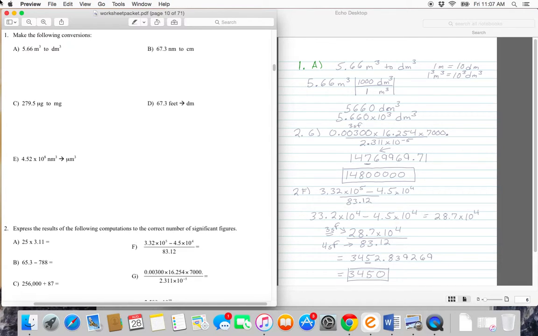So they want the following conversion to be made: 5.66 meters cubed to decimeters cubed. Remember, this is a derived unit. Meters cubed is a volume unit, meters times meters times meters, or length times width times height.